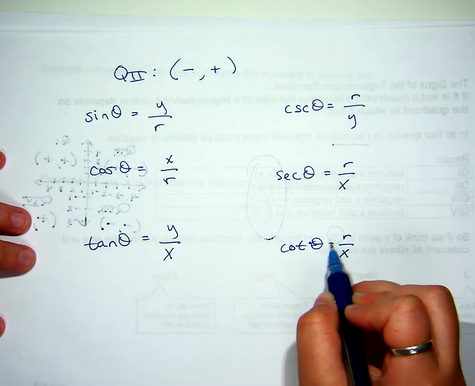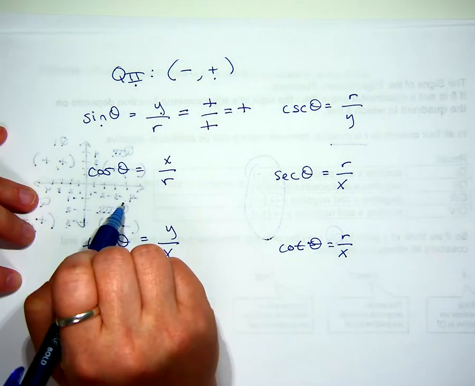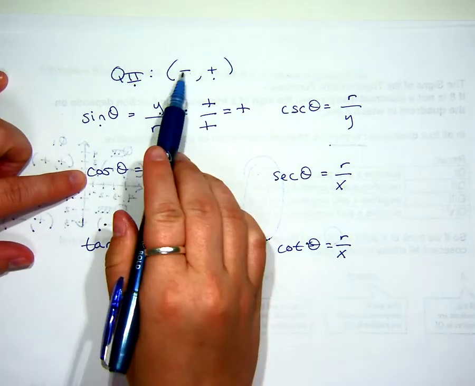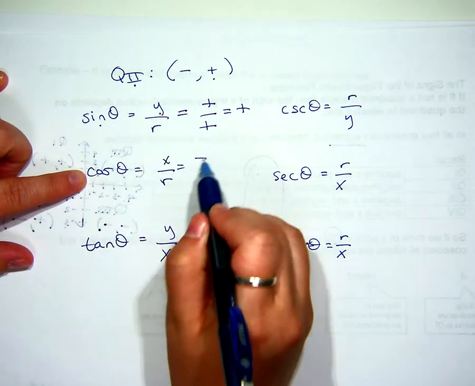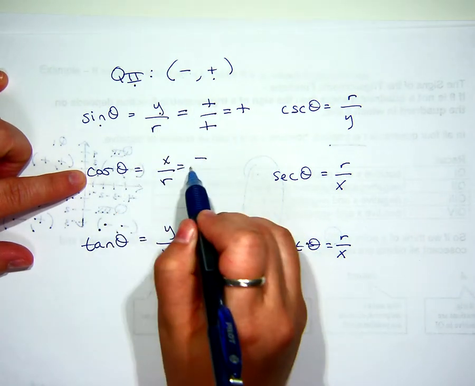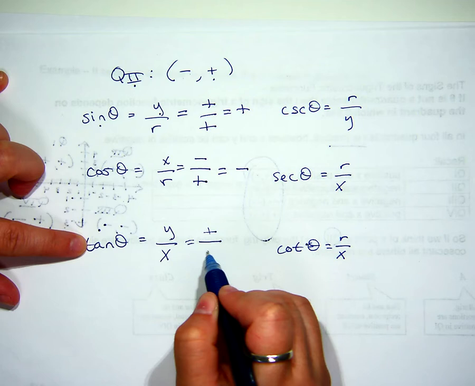let's talk about this. Sine, quadrant 2 angle, y positive, r always positive, which is positive. Cosine, x negative, r always positive, which means negative. Y positive, x negative, which will give you negative.